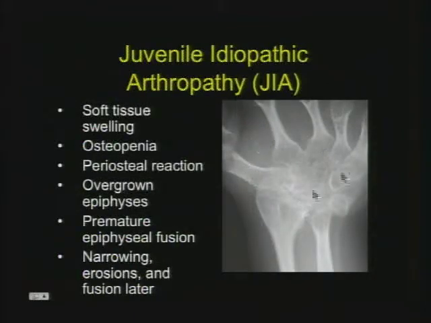We shouldn't forget childhood arthropathies, and I do want to give you the latest term for the childhood, what we used to call juvenile rheumatoid arthritis. Now we say juvenile idiopathic arthropathy, or JIA. And because these kids are growing, they usually have distortion of their bones. They look really funny. They look sometimes enlarged epiphyses.